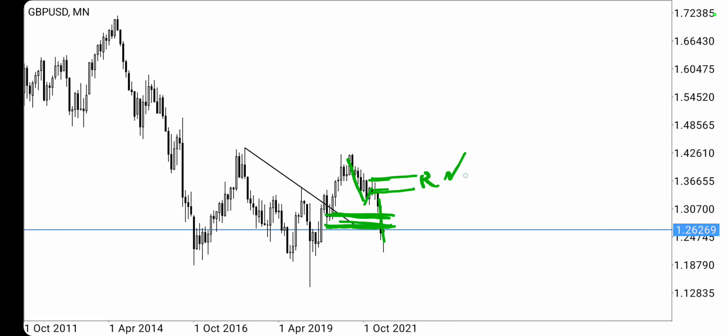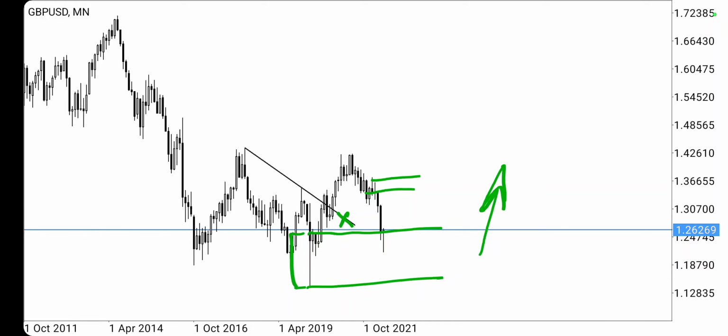So this one is something that we cannot ignore again. This one does not exist anymore because it was taken out. So now we have this, and the price is sort of at this all-time low area, but this area is too big, you can't trade the whole thing. It doesn't change the fact that we are inside the all-time area of support, which means the only sensible thing to do will be buying.